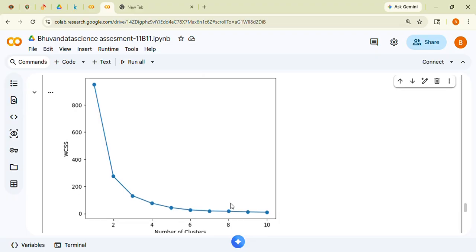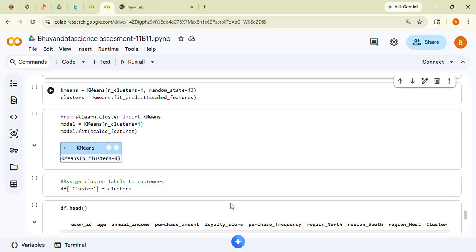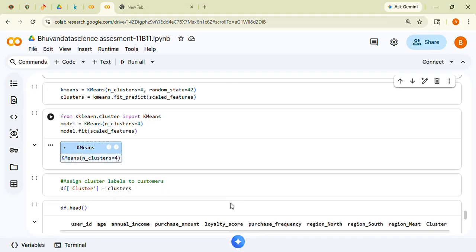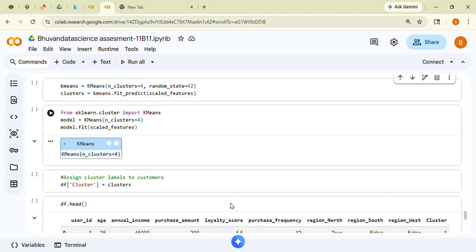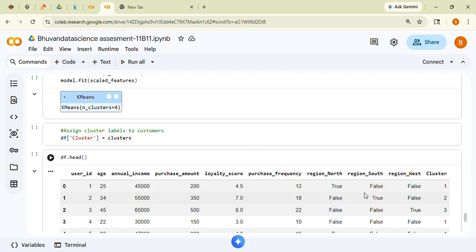Next, in cluster results, what we discovered is, after selecting the optimal value of k, I trained the model and assigned cluster labels to each customer. Each customer belongs to a specific group, where you can see here cluster has been given to each customer.